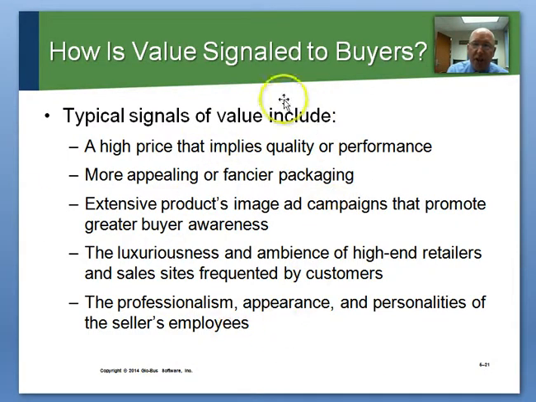These are some of the ways that you communicate that value, and if you think of the Tiffany's example we used, Tiffany's charges a high price, they have fancier packaging, they have very high-end ad campaigns, they put a lot of money into having high-end retailers and very professional employees.